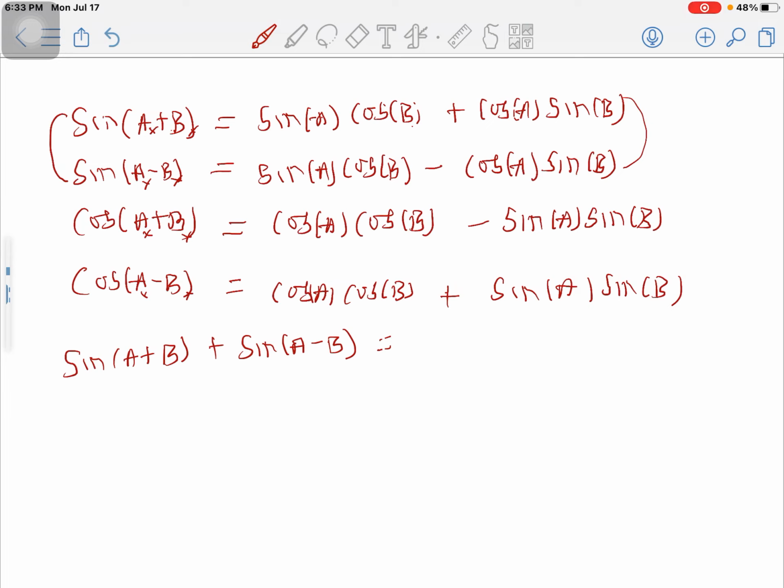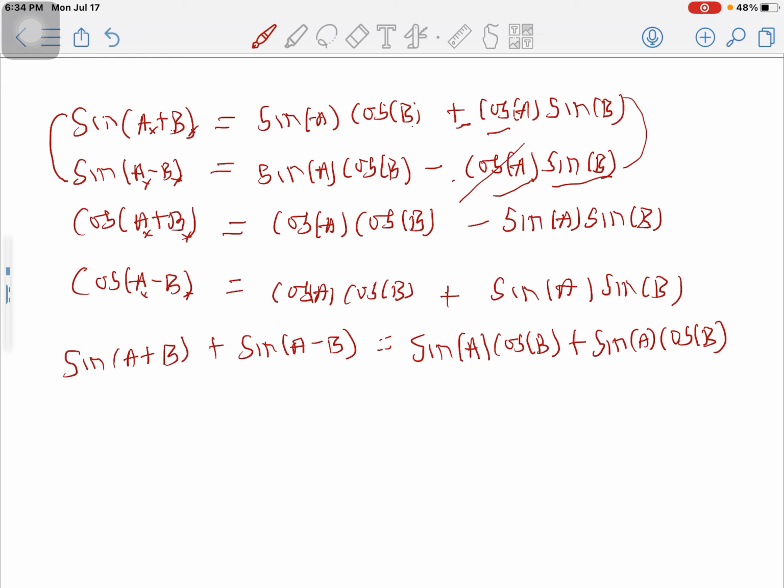So this is what we have over here, which is equal to sine a cos b plus sine a cos b.